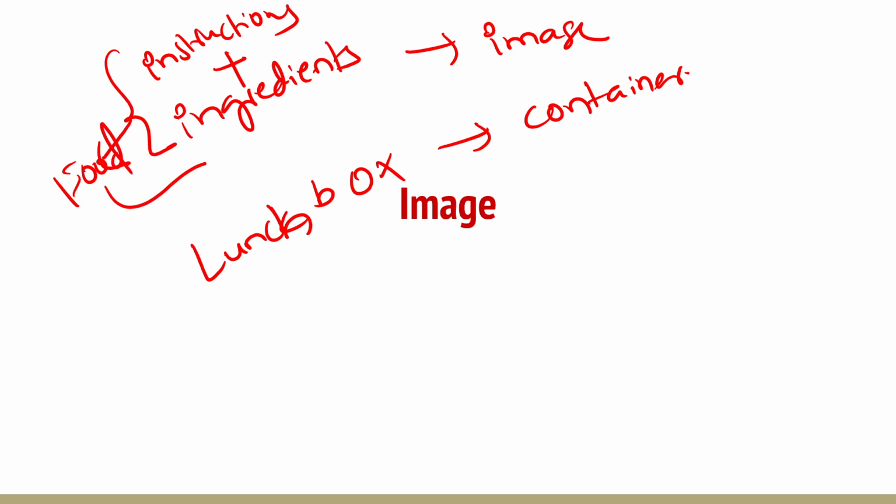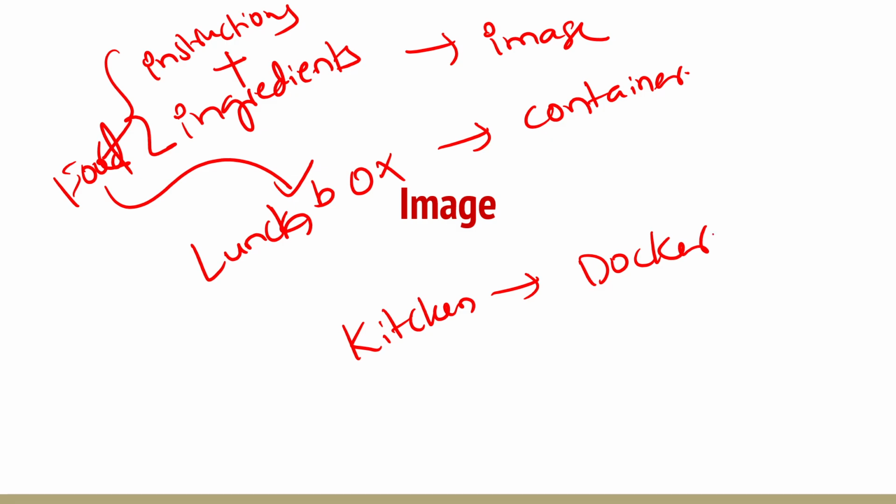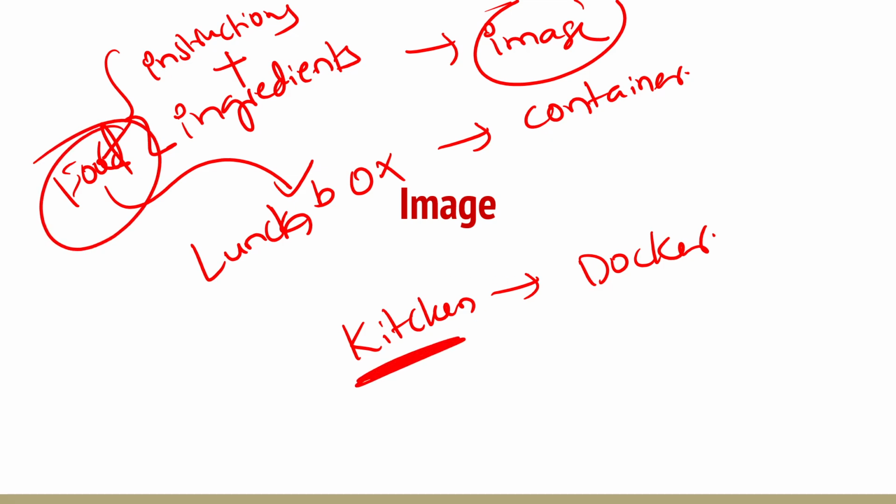That food I am loading in a box. And where is this food prepared? It is prepared in the kitchen. So Docker is the software where we create images. Docker is the kitchen, the place where we prepare the food.